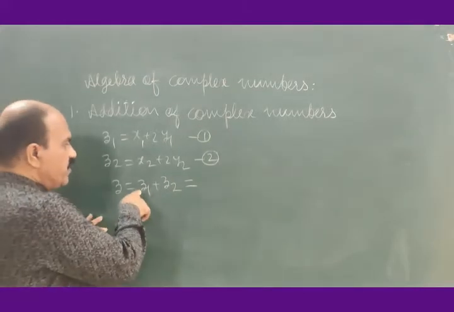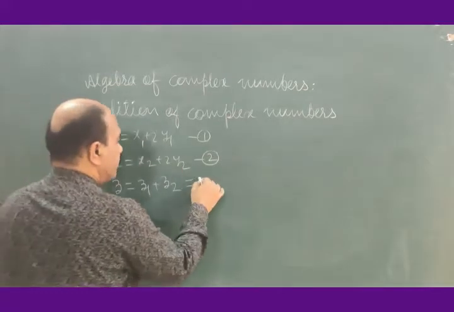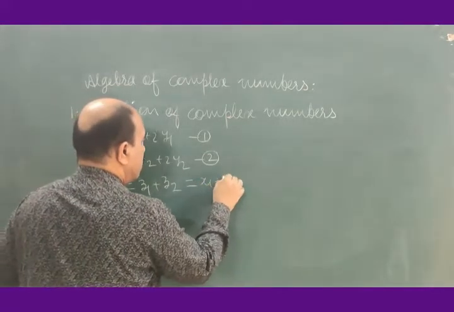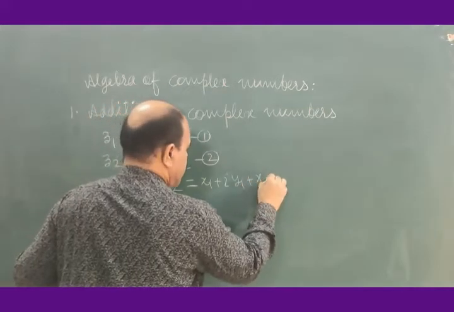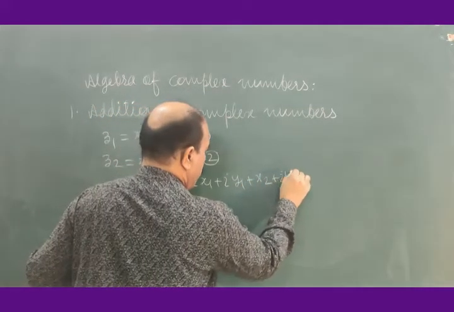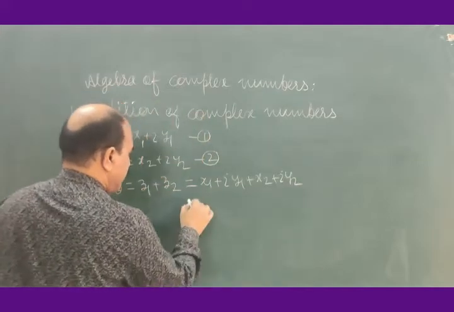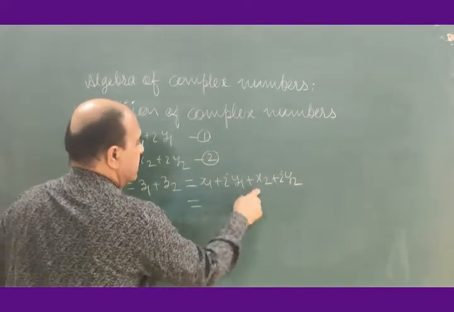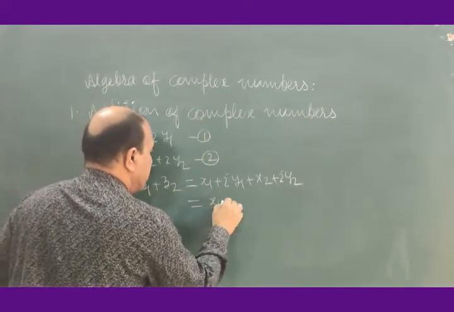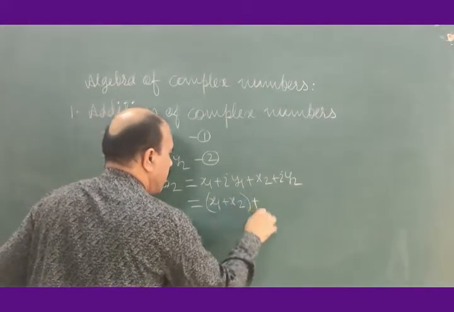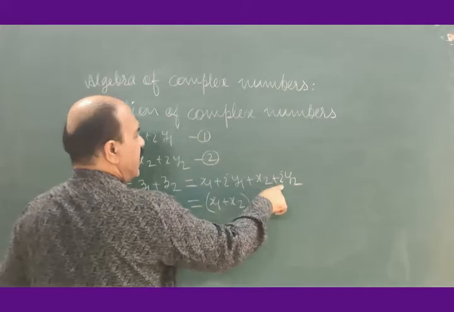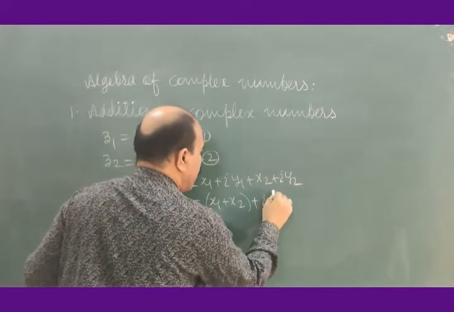Let us put values of Z1 and Z2 here. x1 plus iy1 plus x2 plus iy2. Real part: collect together x1 plus x2 in one bracket, plus i, take this i common.